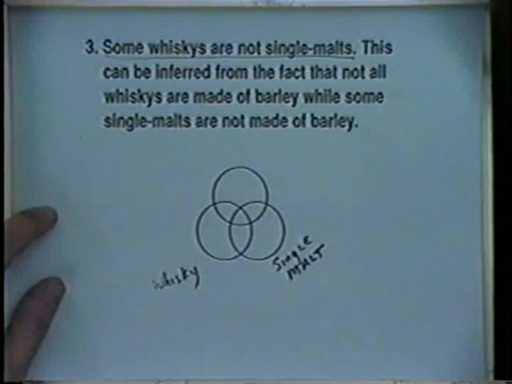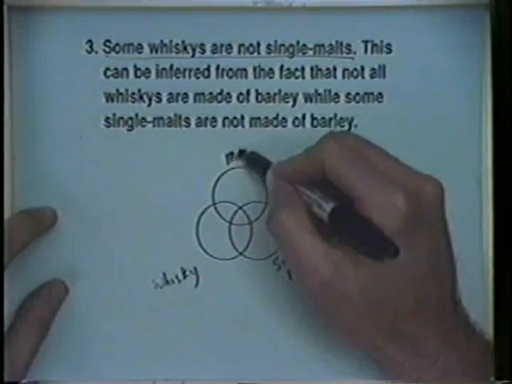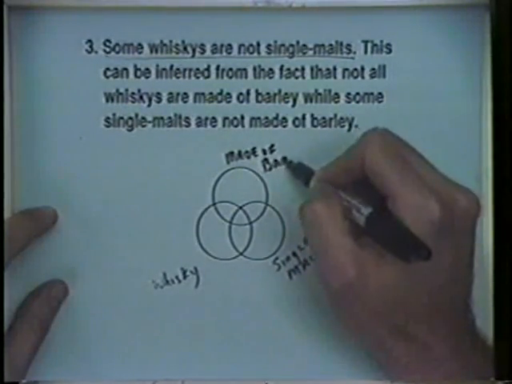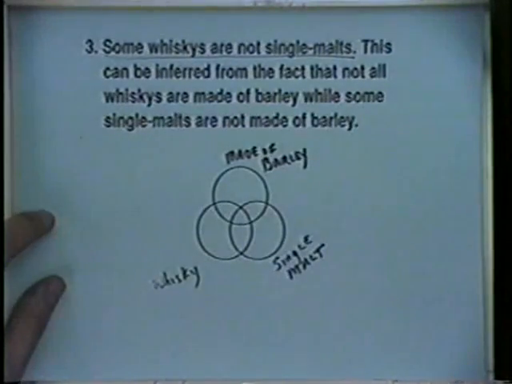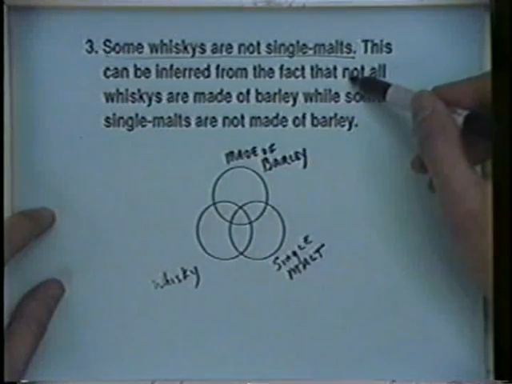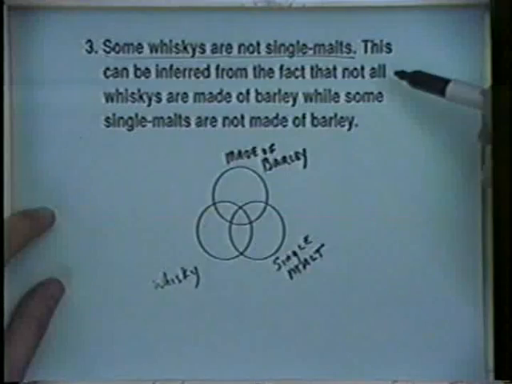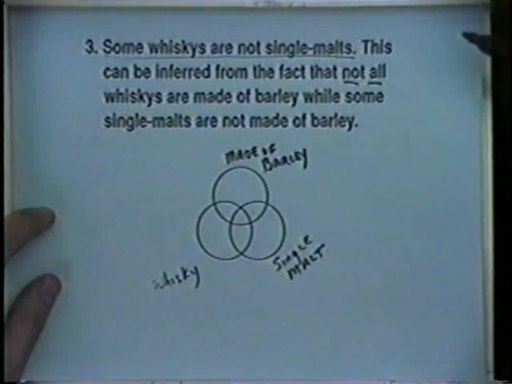And what is the middle term? Made of barley. Okay, now are we ready to go? Well, notice that this sentence, "not all whiskeys are made of barley," is not itself in standard form. Not all is not either an A, E, I, or O sentence.